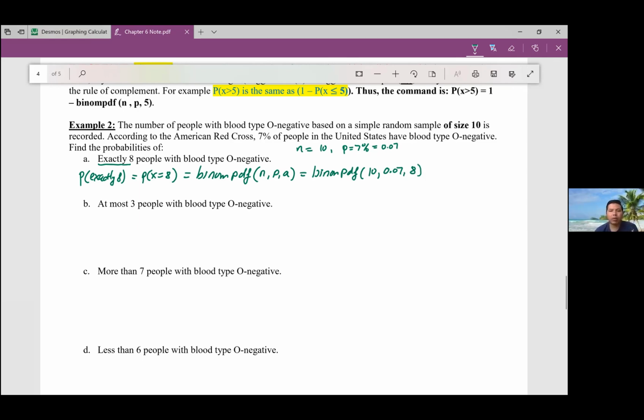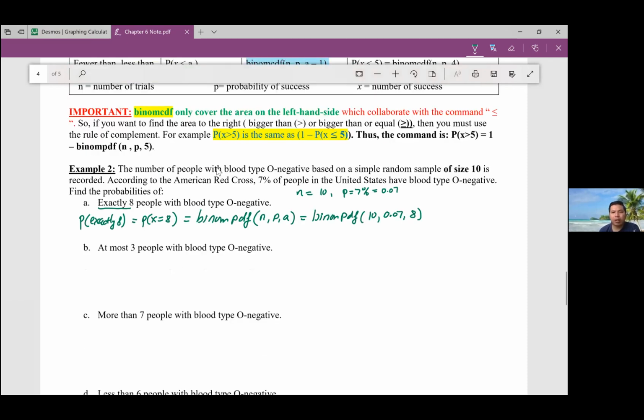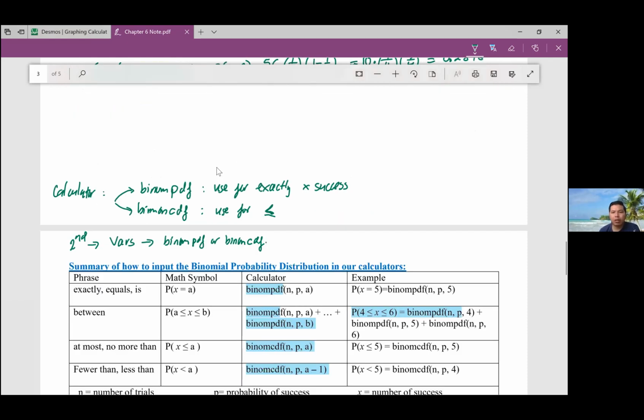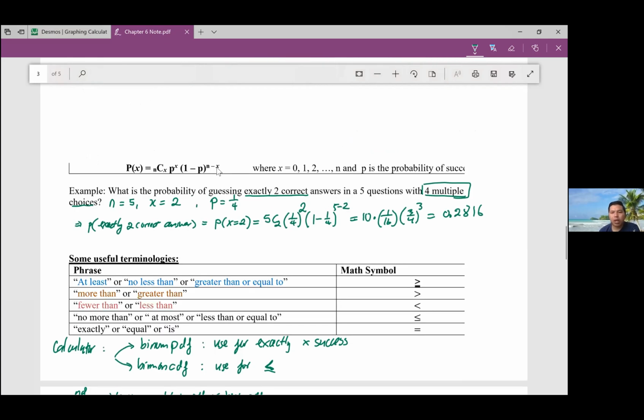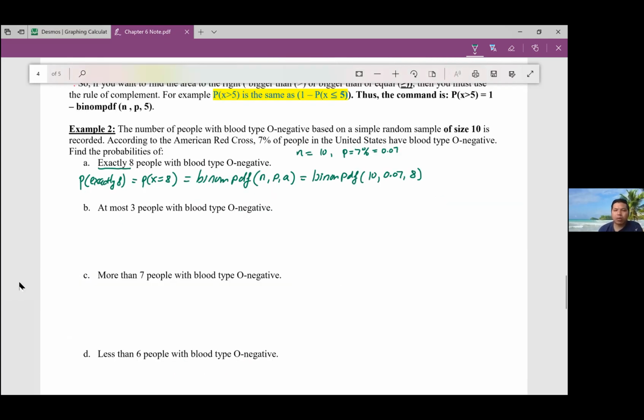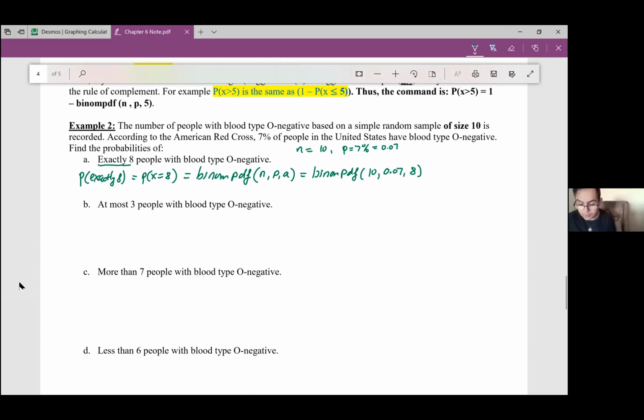That's what I want you to show as your work on the exam. You don't have to use the formula here because the formula is too much to handle. Student: If we did it by hand, would the formula be 10 choose 8 times 0.07 to the 8 times 0.93 to the 2? That's right.